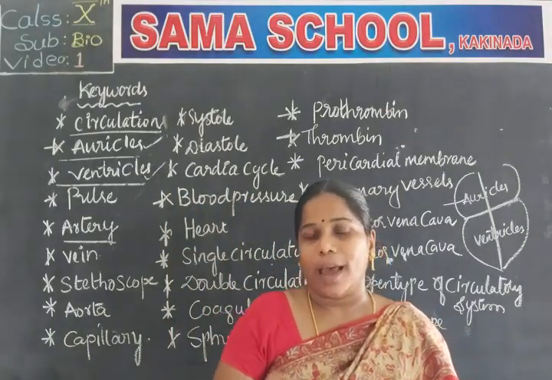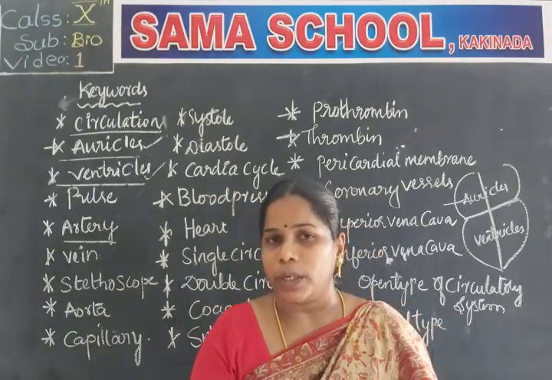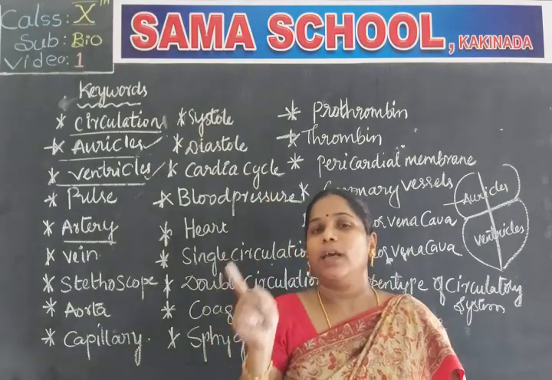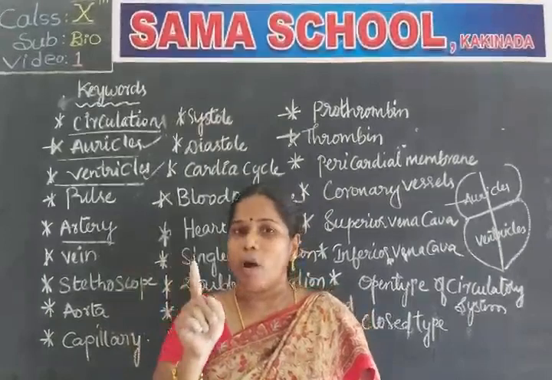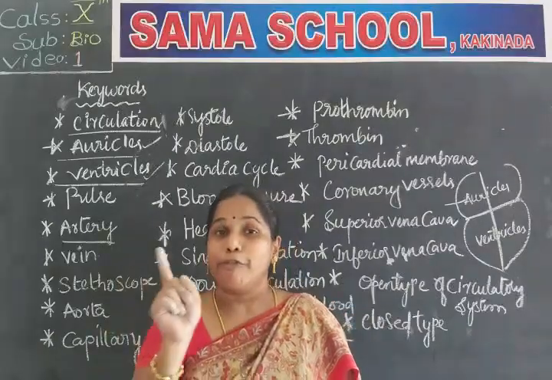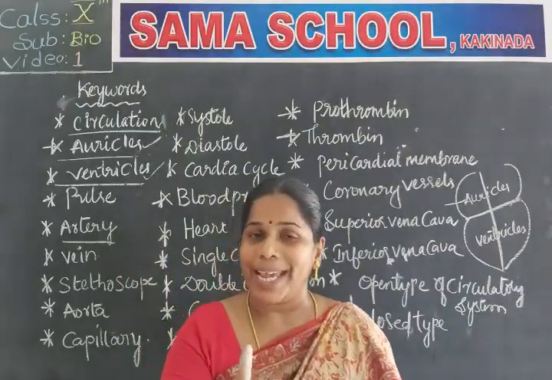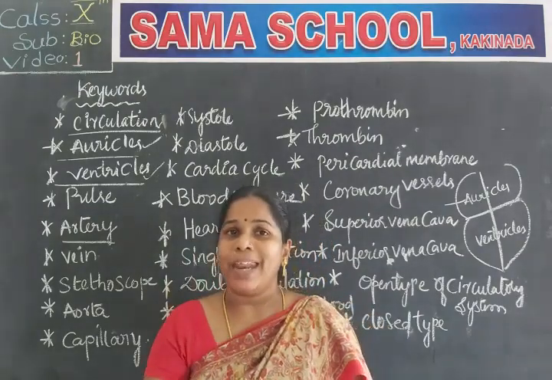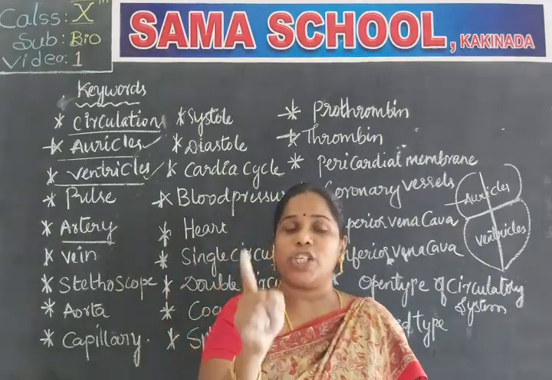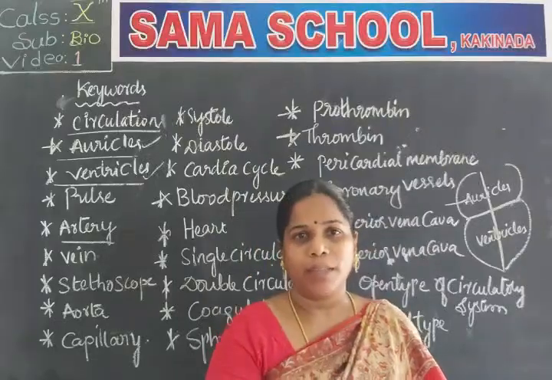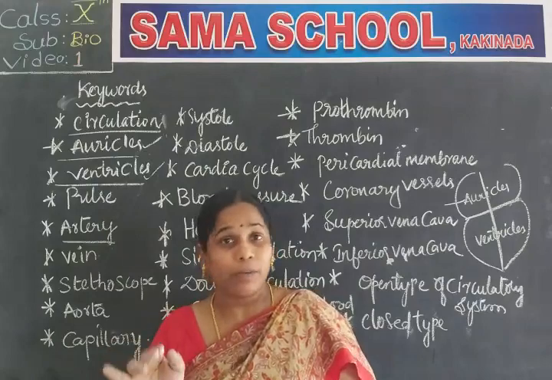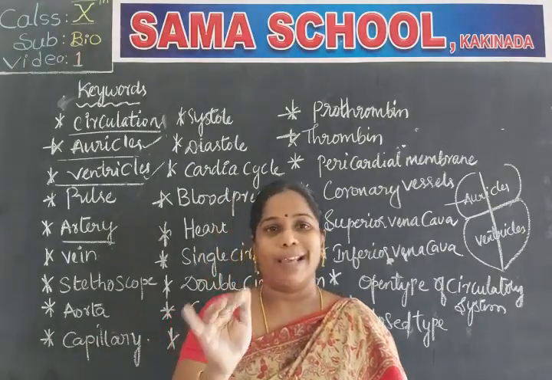Please, I am clarifying every word clearly. Arteries are the vessels which carry oxygenated blood from the heart to various parts of the body. The oxygenated blood is more rich in oxygen, which means less carbon dioxide content. Carbon dioxide will be present but in a very small proportion.